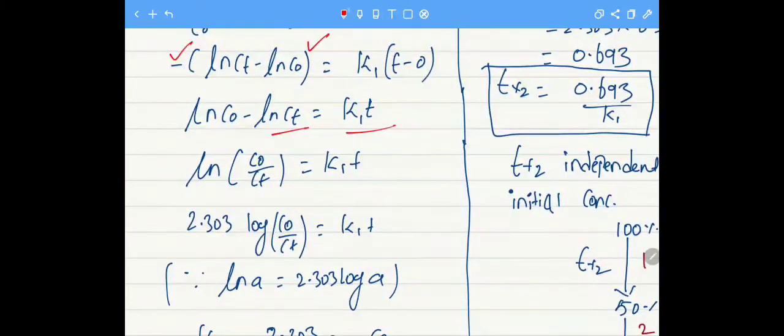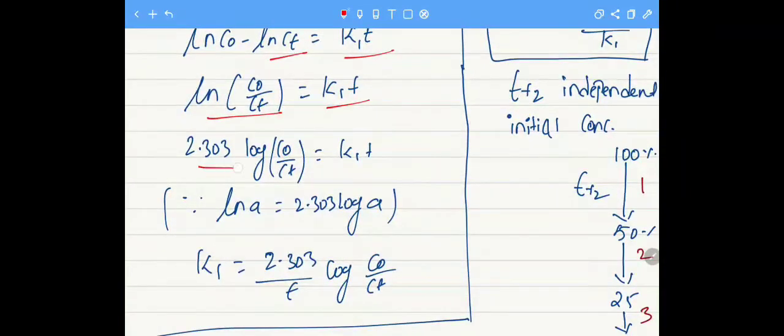Now log a minus log b is equal to log a by b, so by applying that formula, you will get natural log C naught by Ct equals k1t. Now 2.303 log C naught by Ct is equal to k1t, because natural log a is equal to 2.303 log a. So it is a conversion factor.